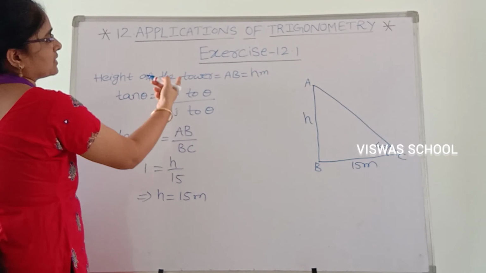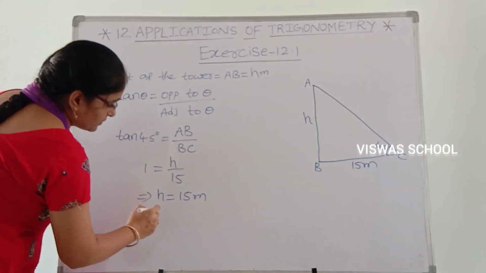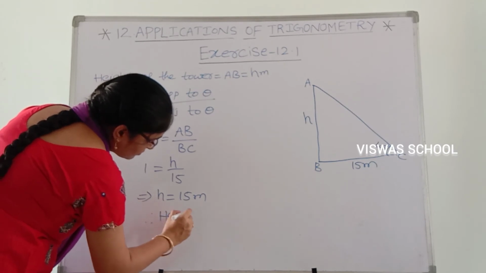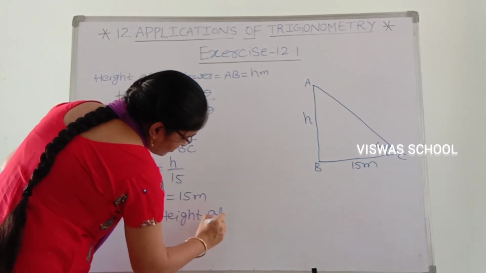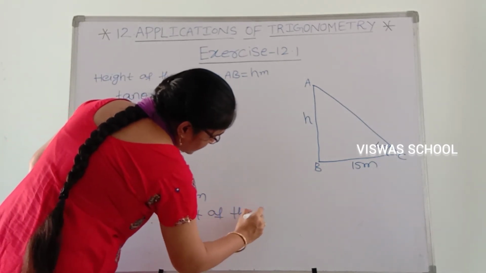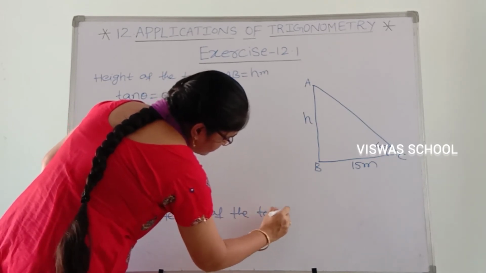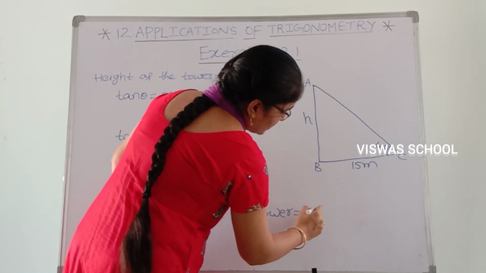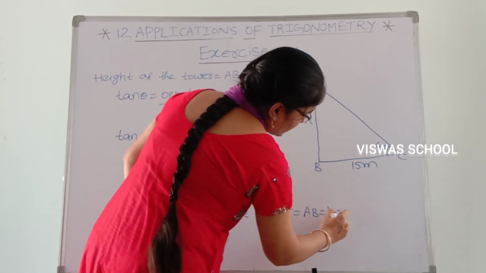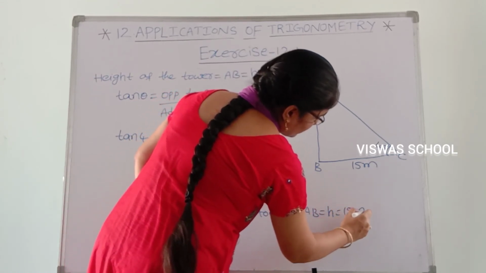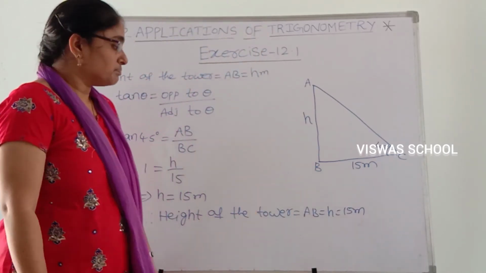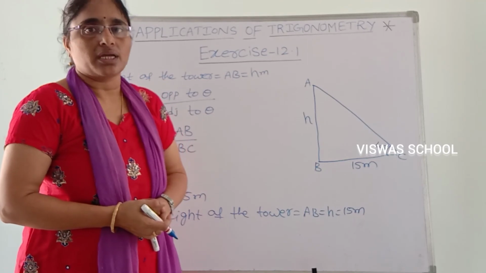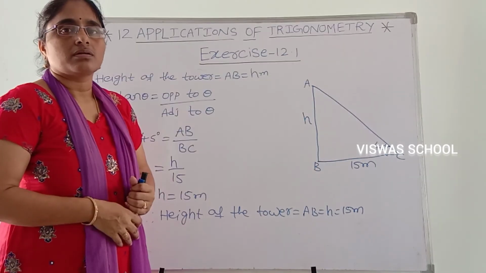This 15 meters is the height of the tower. Therefore, height of the tower, AB equals H equals 15 meters. In this way, you can find the height of any object.